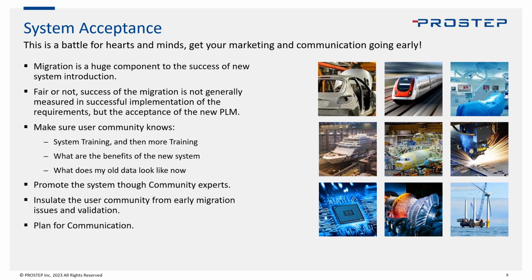So as part of migration, you want to make sure that there's a lot of training that's going on. You want to make sure that people understand the benefits of the system, what it's going to help with in the organization, how it's going to help them do their jobs easier and better, and how their old data looks, right? How to do the same types of processes that they were going to do, and make sure that they can support those processes within the new system.